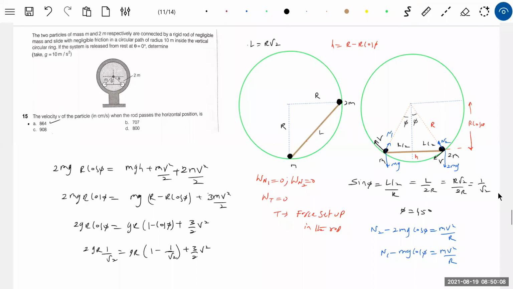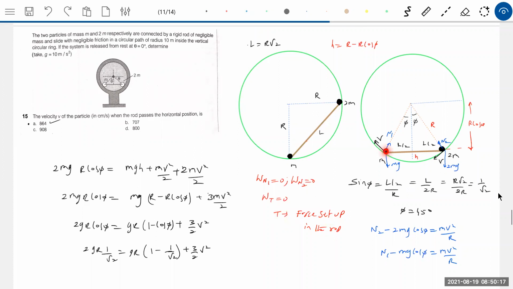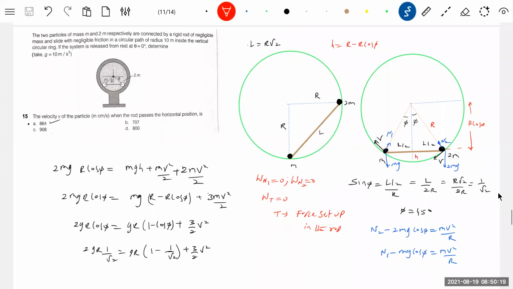I think we have to be very careful here. What is T? T is the force set up in the rod. What is the work done by this force? It will be 0. Now at this particular point we have to show that it is acting like this. Now I think things will change. Will you make any changes here?